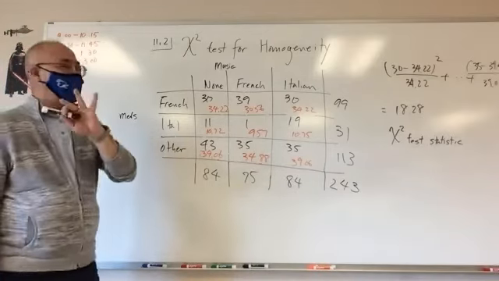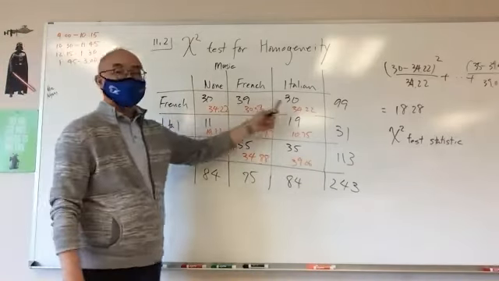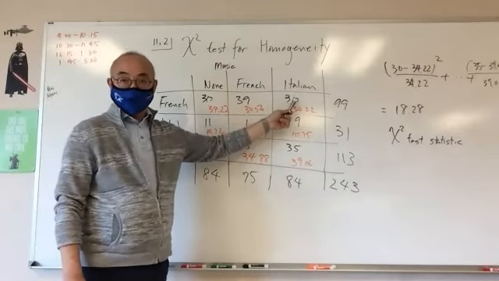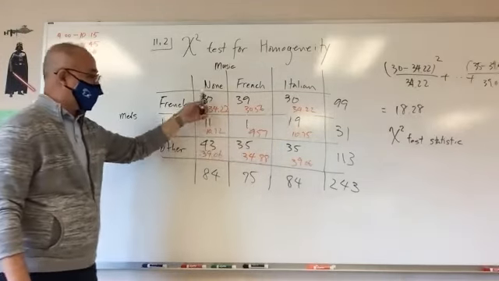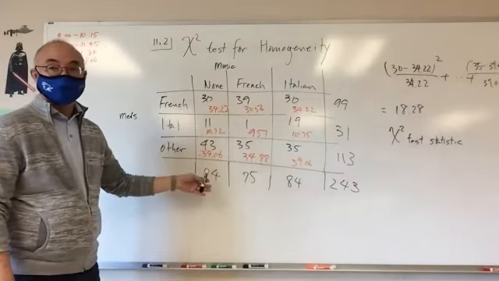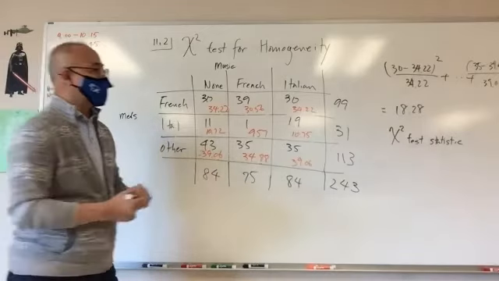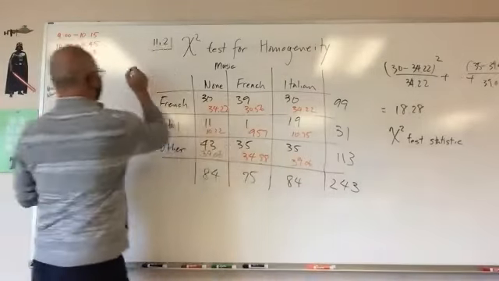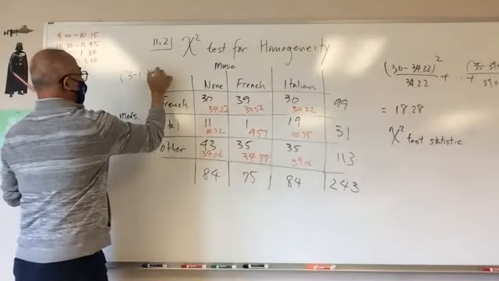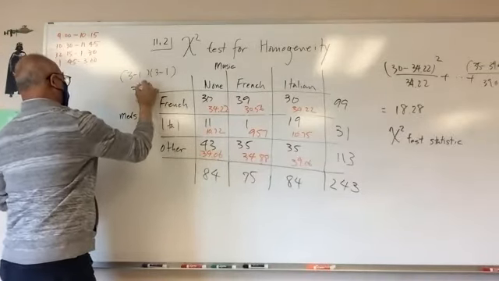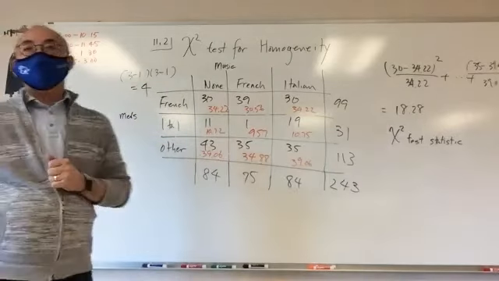So the way we do this is we take the number of columns minus 1 times the number of rows minus 1. Okay, so it's going to be 3 minus 1 times 3 minus 1. Degree of freedom is 4.